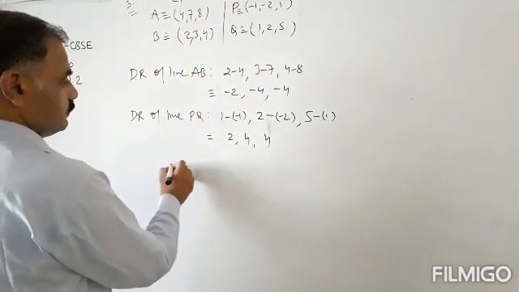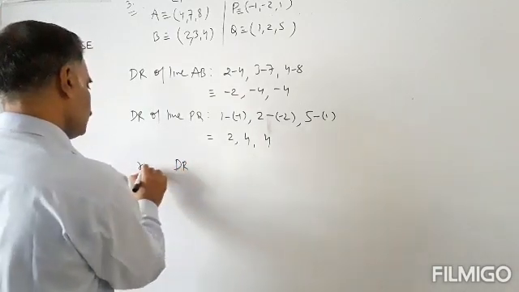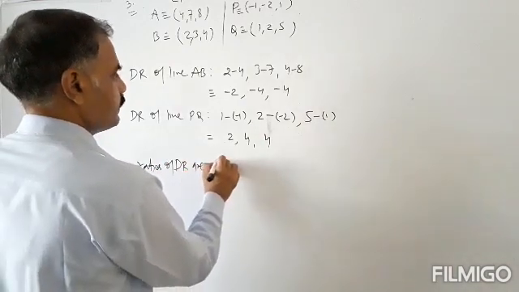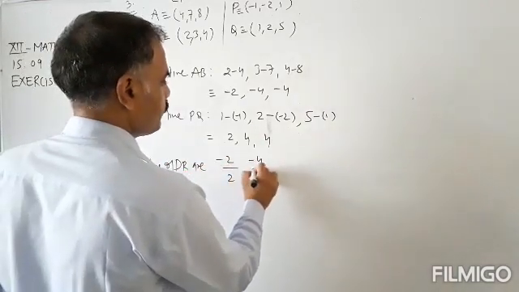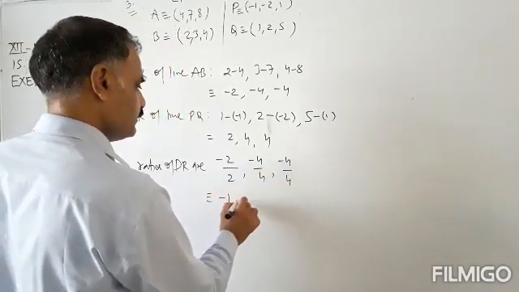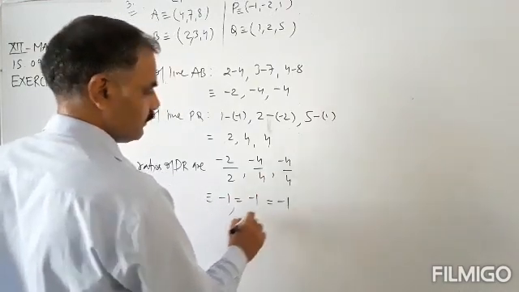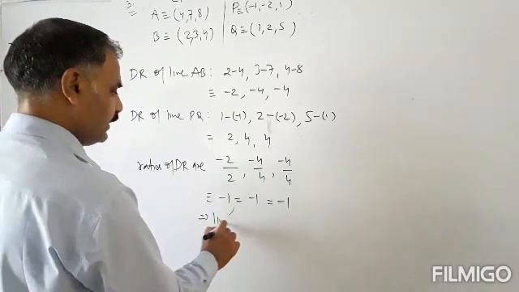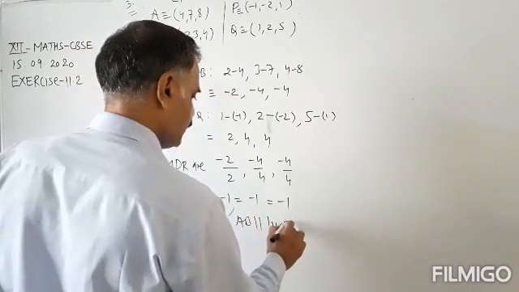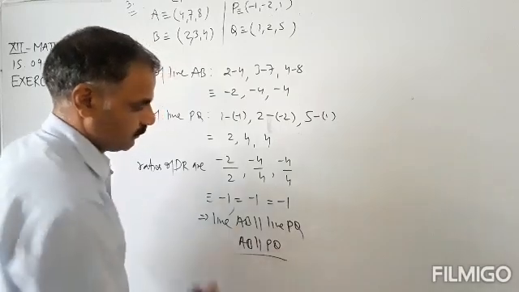The direction ratios are -2 upon 2, -4 upon 4, -4 upon 4, that is -1, -1, -1. So these are equal. Equal means line AB is parallel to line PQ.